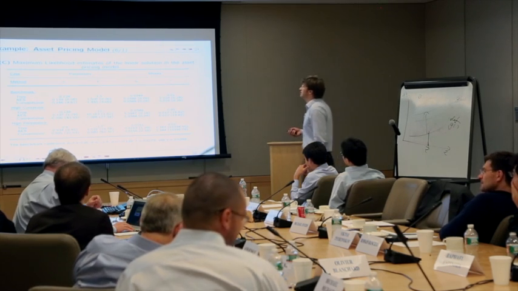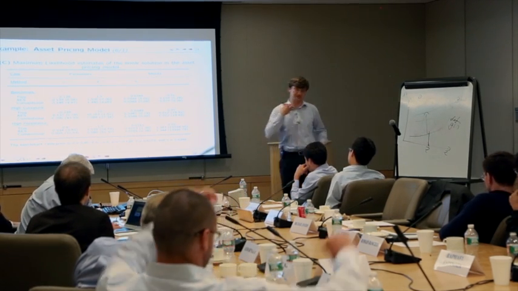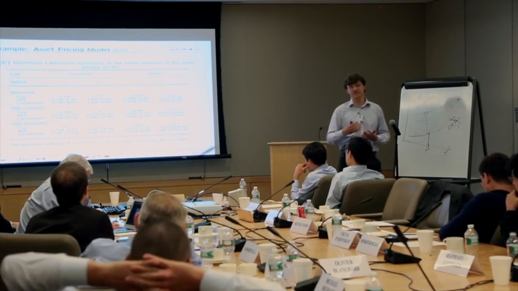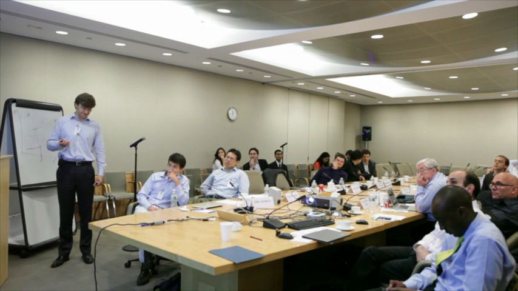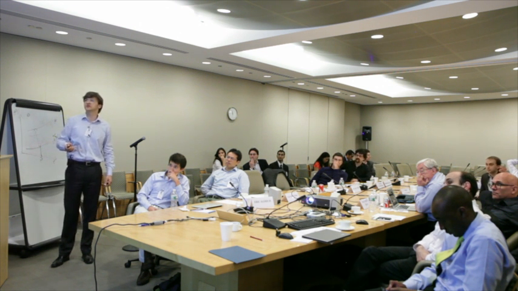So now maximum likelihood estimates, that is, I use the exact solution to the model as a data generating process. I have now for the different specifications, benchmark, high curvature, high persistence, the parameter estimates for the persistence of the shocks and the risk coefficient.